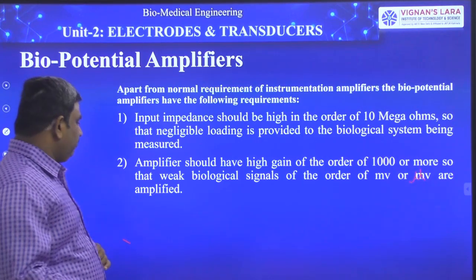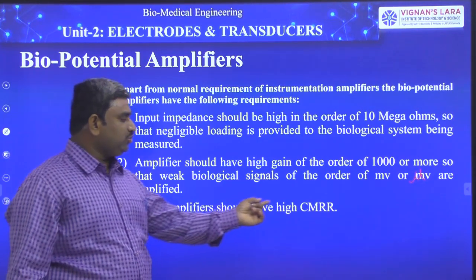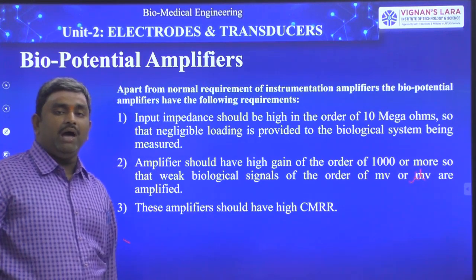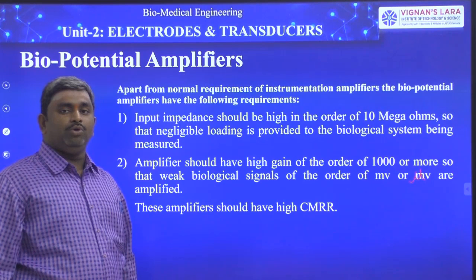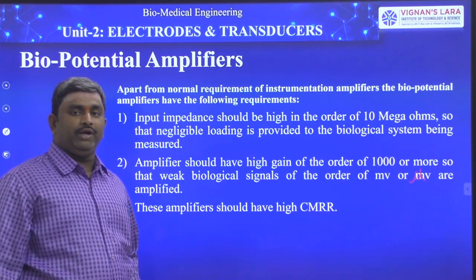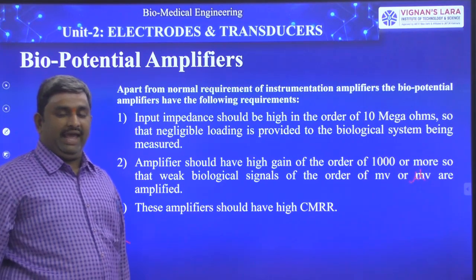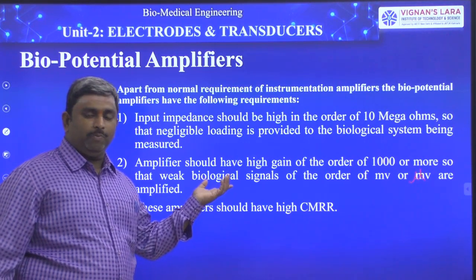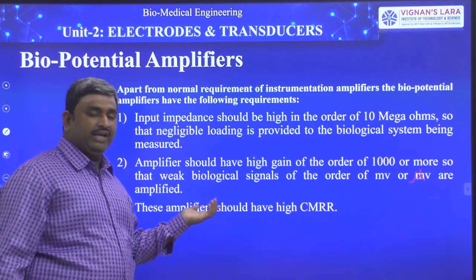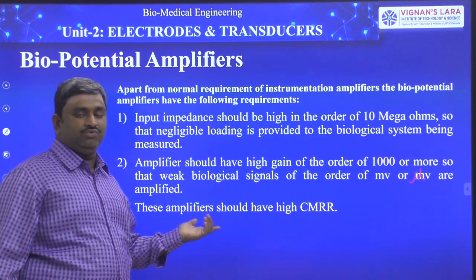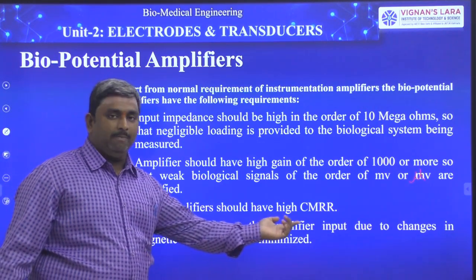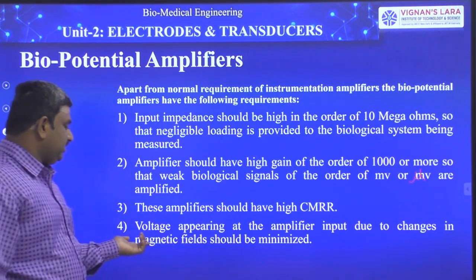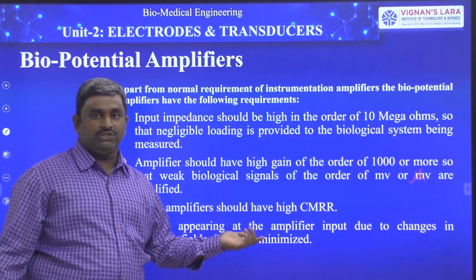Next, a very important parameter: these amplifiers should have high CMRR, common mode rejection ratio. Common mode rejection ratio is a very important parameter for an amplifier, and biopotential amplifiers should have high CMRR. Next, voltage appearing at the amplifier due to changes in the magnetic field at the input should be minimized.